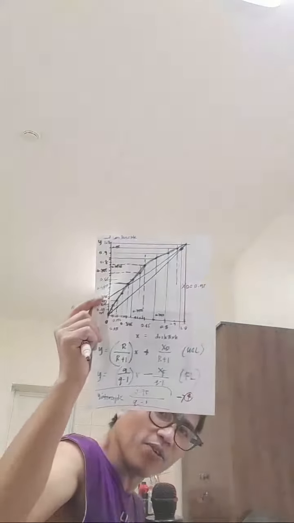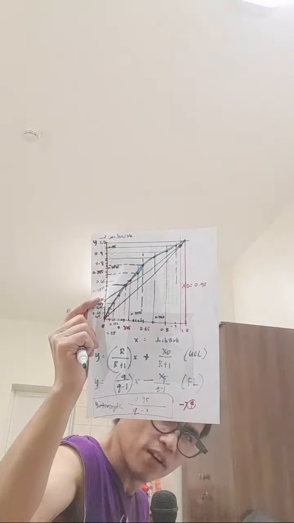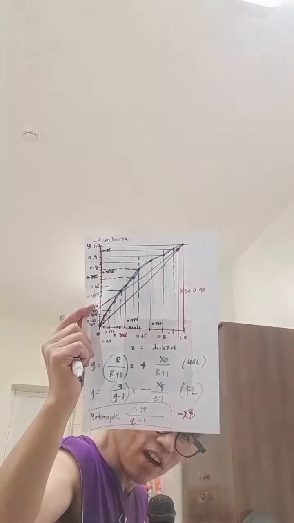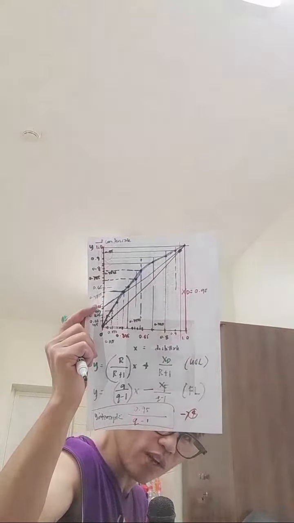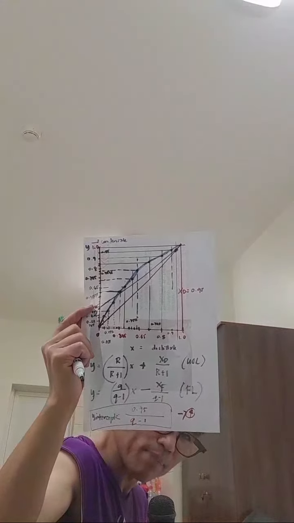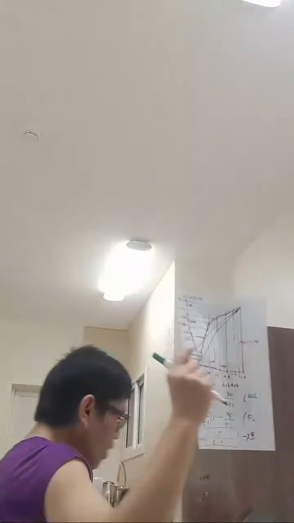Ganon. Uy, green. So the green line, guys, the green line above the red diagonal line is what we know as the upper operating line or the rectifying line, the upper portion of the distillation column. So we need to label this as UOL.